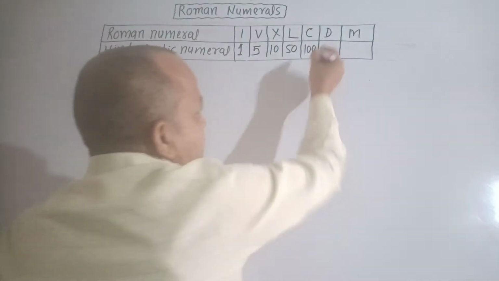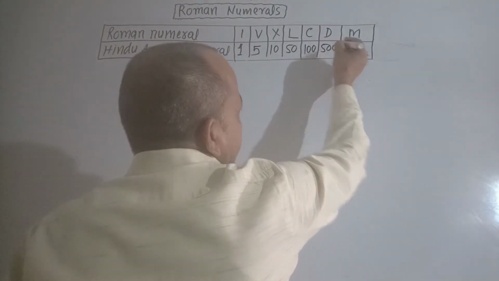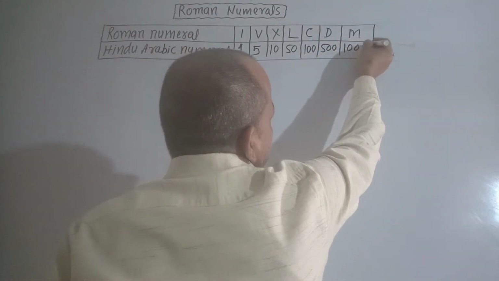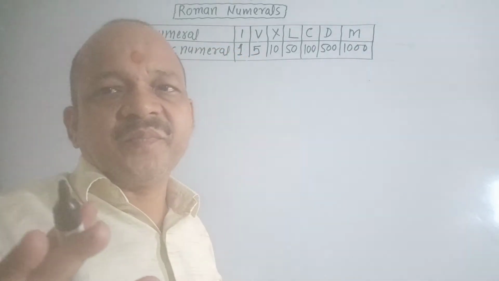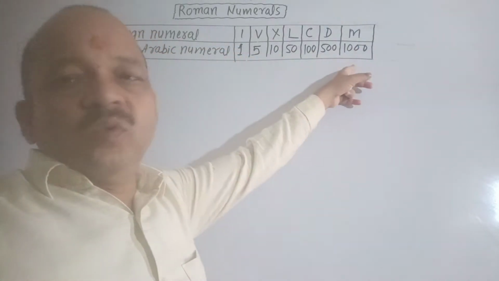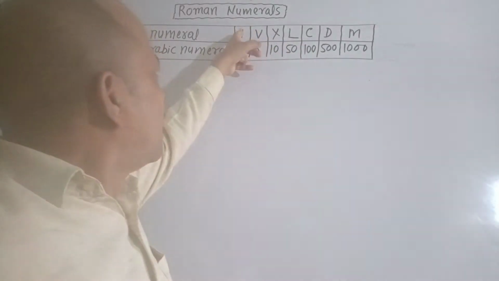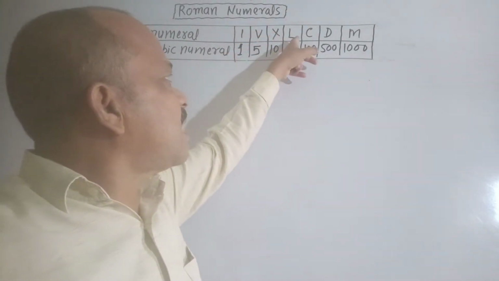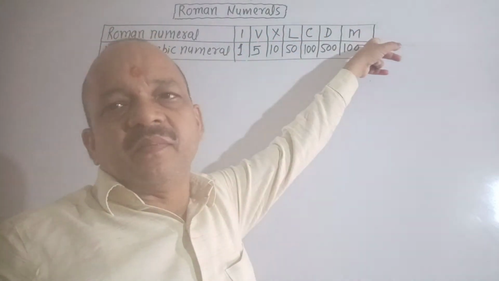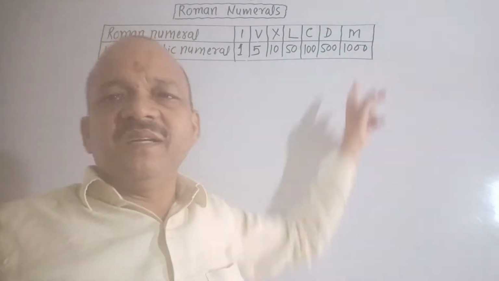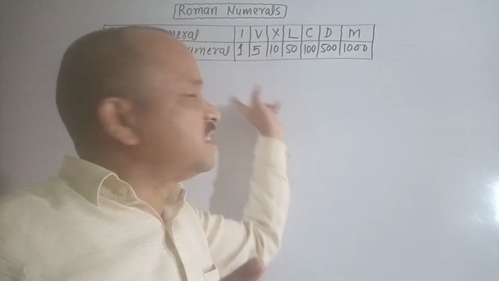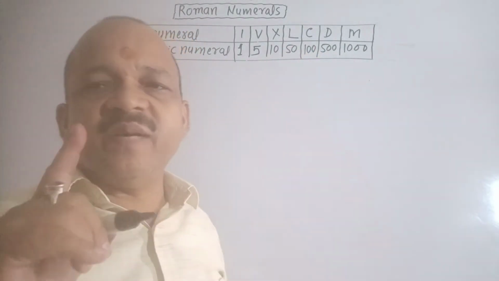Value of D is 500. Value of M is 1000. These are the values of I, V, X, L, C, D, M in Hindu-Arabic numerals. It is clear, no confusion about it.